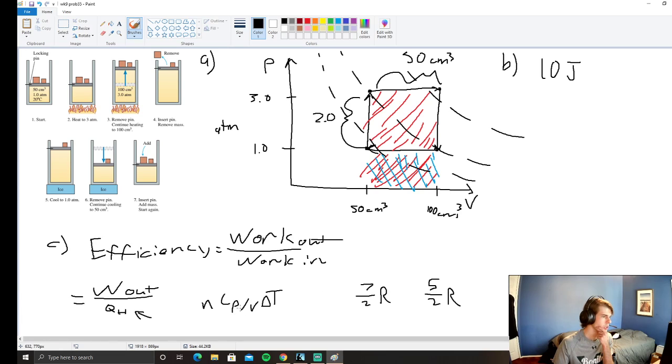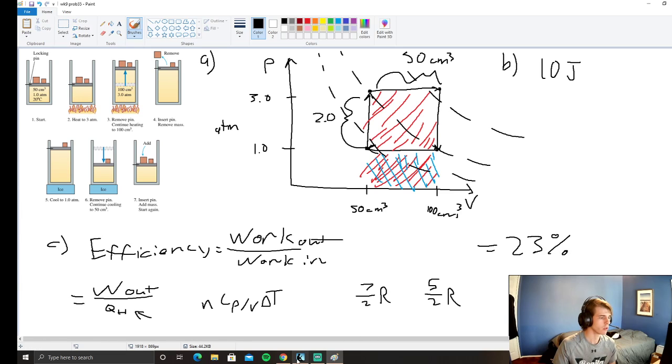Basically, calculate these, add them together for both processes, 1 to 2 and 2 to 3, and then you'll get your final answer after plugging that into the work. That gives you a final efficiency of, I got 23%.